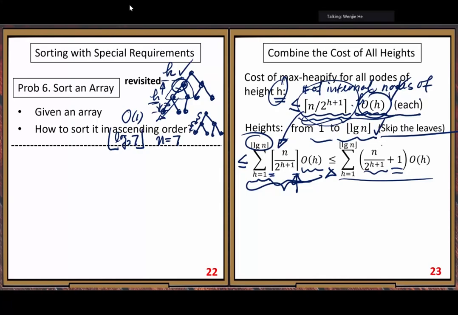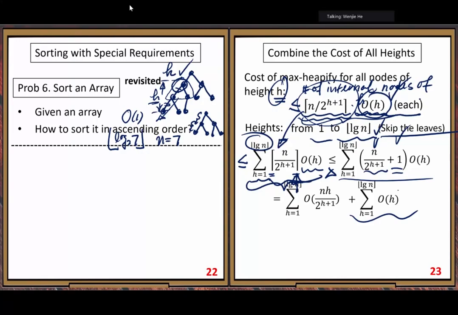Inside the parentheses there are 2 terms. Let us separate these two terms: first summation and second summation. The second summation is much easier, so we estimate it first.